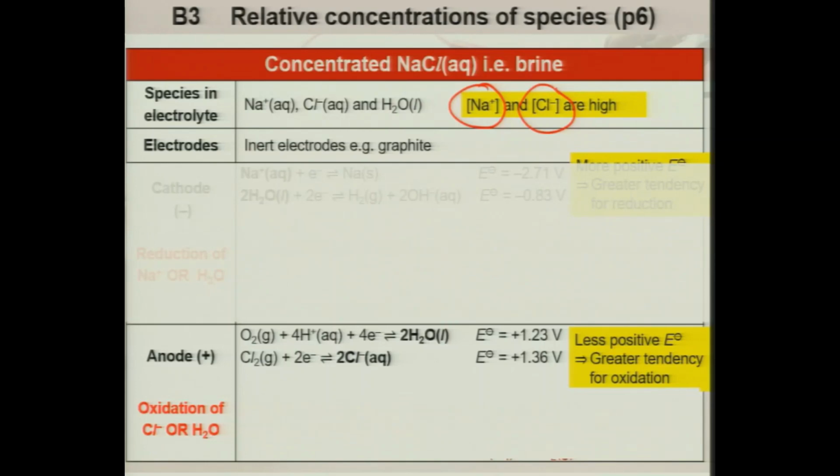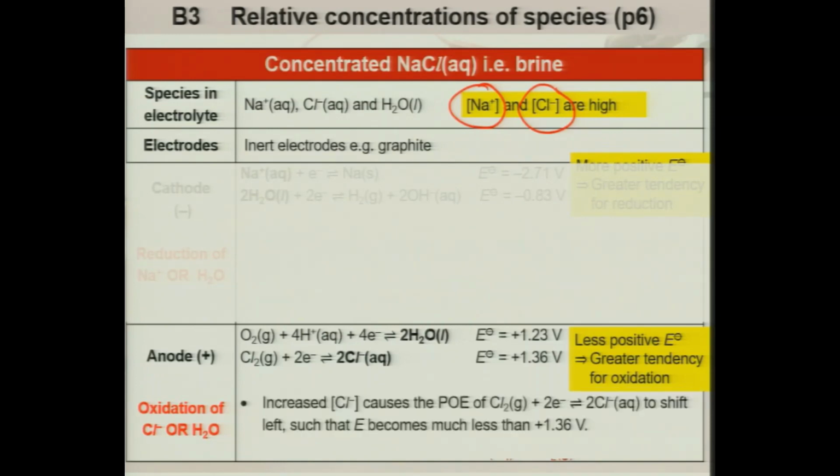Previously, we predicted that the oxidation of water will happen. But let's look at this again, because my chloride concentration is actually going to be quite high. Once my chloride concentration is high, my position of equilibrium shifts to the left, and therefore it changes the value of the reduction potential.